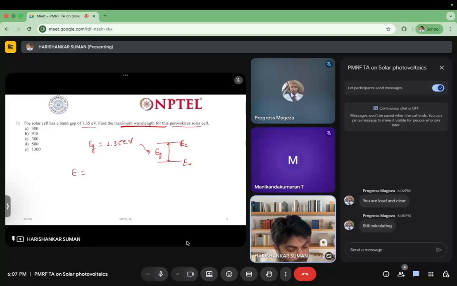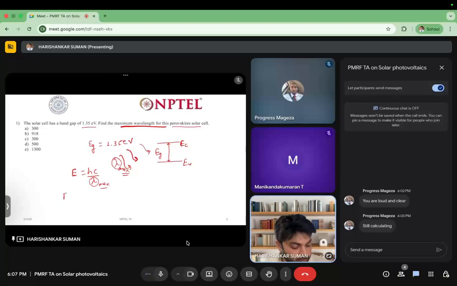Let me recall, hc by lambda. You have to find this lambda max. Let's say you have an incident photon of wavelength lambda max. Beyond this maximum wavelength, your solar cell will not work.